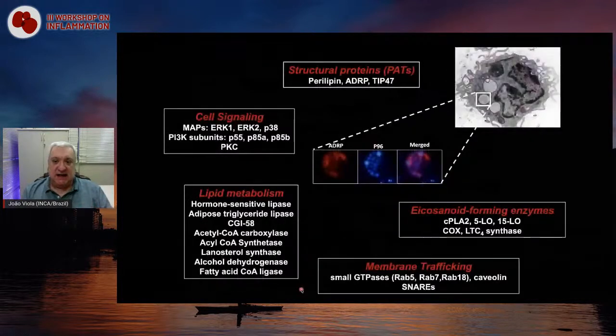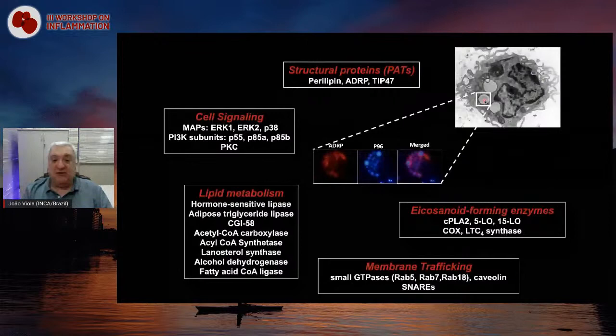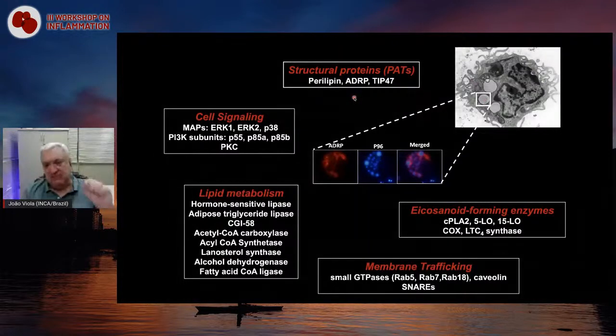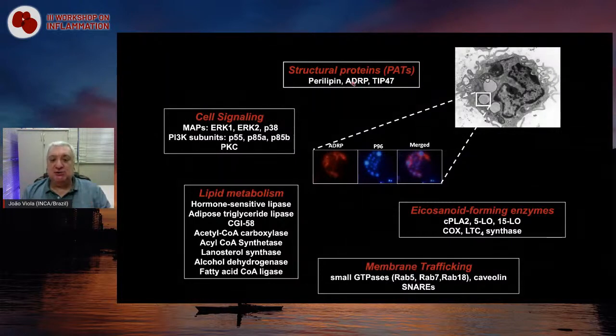Then these organelles are not made only of lipids. They include several proteins. We have some structural proteins, and I will show you some data later, and I would like to point out ADRP, which is a very important structural protein.